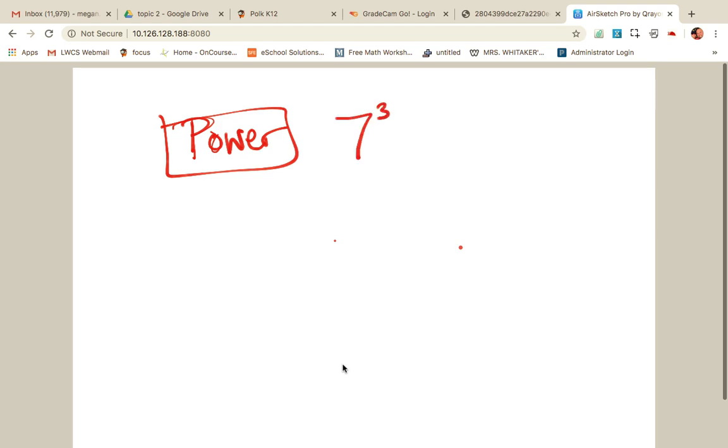I know when the questions in the beginning talk about powers, and you probably didn't even realize it was called a power, it is when you see a big number with a tiny little number beside it. The 7 is called the base.